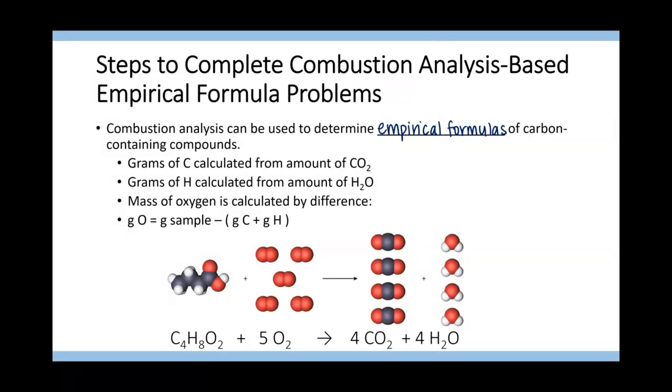So instead, if you do have oxygen in your sample, you'll be given the mass of the sample that was burned. You can calculate grams of carbon and grams of hydrogen from the analysis that we did in the last slide. And then if you take the total mass of the sample minus the mass of carbon and hydrogen, then you can find the grams of the oxygen that was part of the original sample. And the remaining oxygens were from oxygen gas.